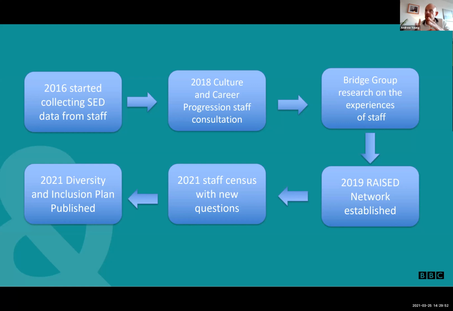And just a point on the censuses, the way that we run them is that the data sits on our HR record, in a very secure area that people don't have access to apart from a small team that run the data reports, so that data is kept quite live. As people join the organisation, they're asked these questions on their new joiner form.